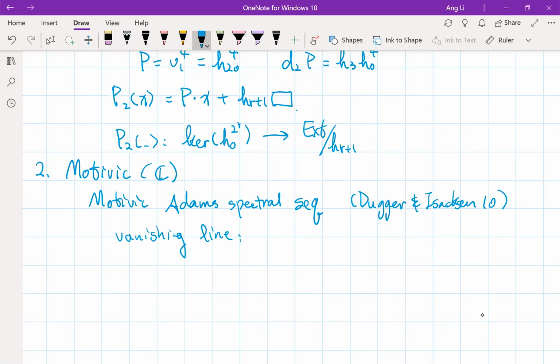If you go to my paper, the title even, it's called a region, which is more rigorous. But lines are easy to understand, right? So this is a vanishing line, and this result is by my advisor, Gu and Isaksen.